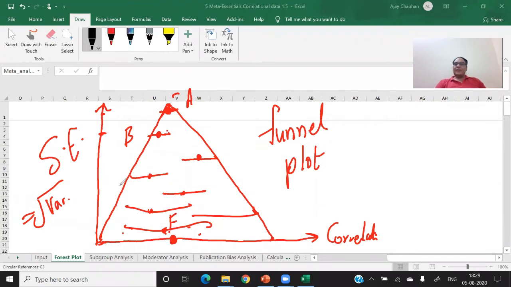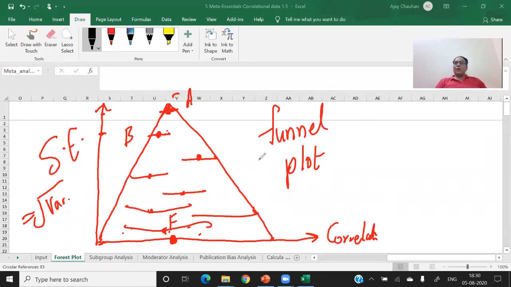In the lower side we have those studies with high variance because of low sample size, and at the top we have only those studies with large sample size and therefore low variance. So it is like a triangle, like an inverted funnel. This is the logic of this funnel plot.